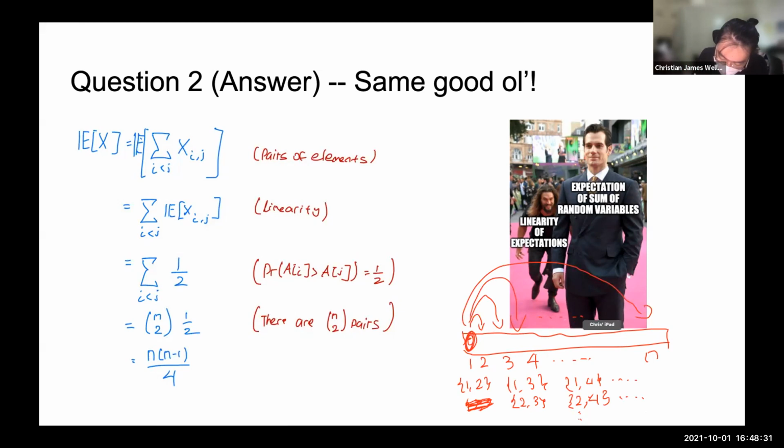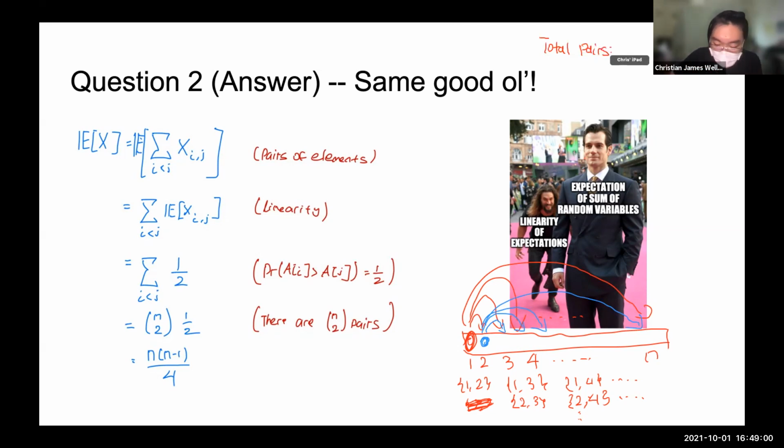Then this guy over here, because I paired it with 1, I only focus on the things ahead of it. So, fixing 1 on the left side, how many pairs are there that have 1 on the left side? I get n, close, n minus 1.